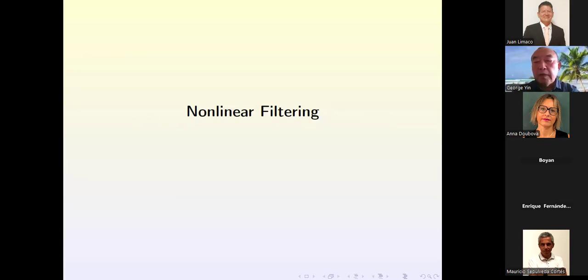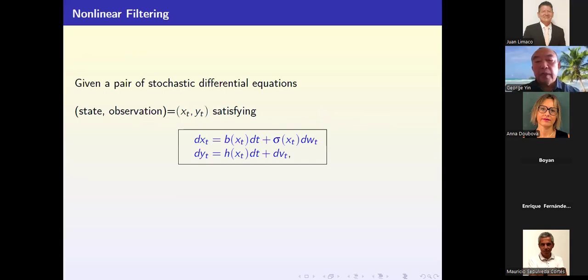Let me begin with what nonlinear filtering is about. Here we are given a pair of stochastic differential equations, x and y. Both of them depend on some nonlinear function, where W is a standard high-dimensional Brownian motion, and V is another independent Brownian motion.